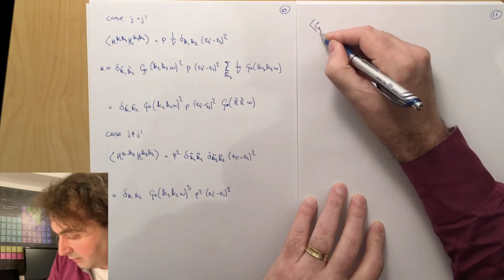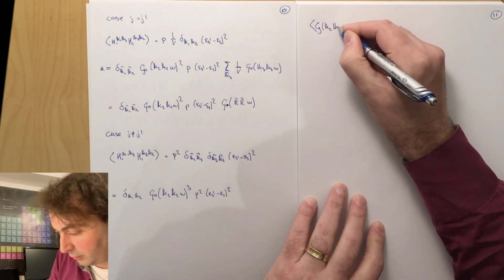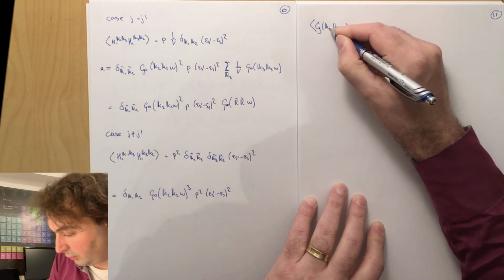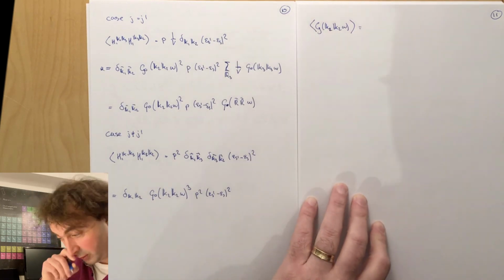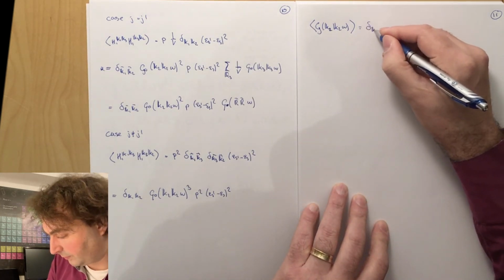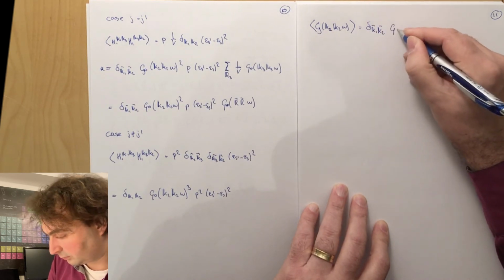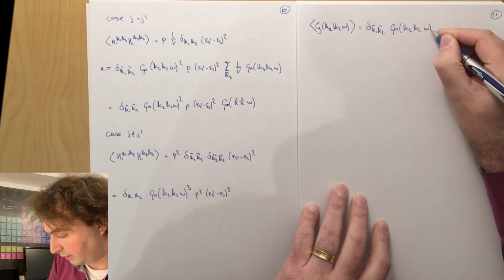And with that, the Green's function scattering from k2 to k1, averaged over all lattice sites, or averaged over all random distributions, is equal to delta k1, k2, g0, k2, k2 omega.